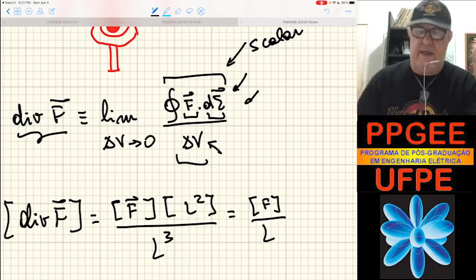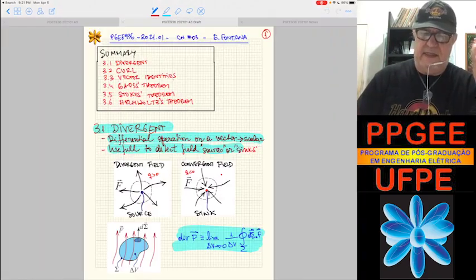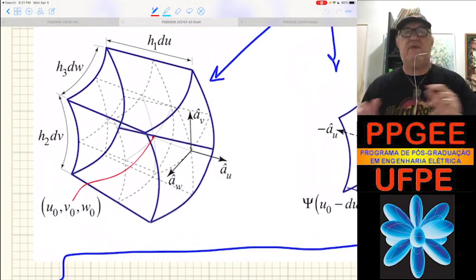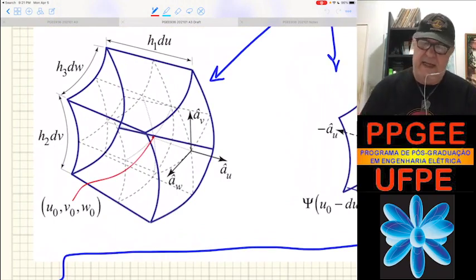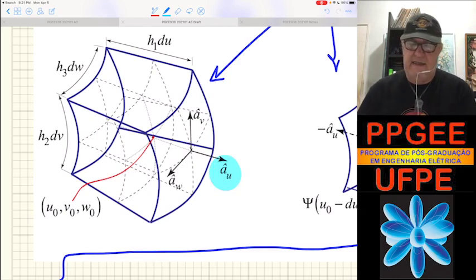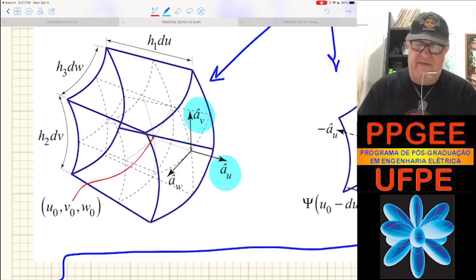We're going to draw it here. We have the basis vectors, cyclic sequence a_u, a_v, a_w, right?